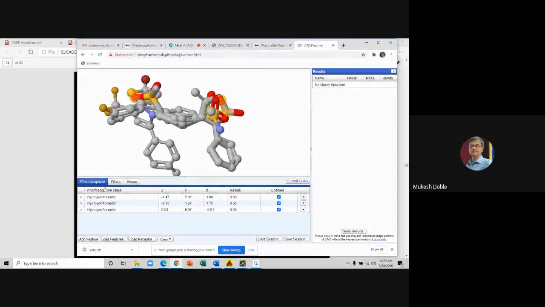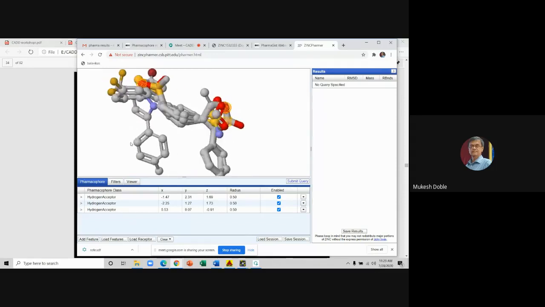You see hydrophobic, hydrogen bond acceptor, hydrogen bond acceptor, hydrogen bond acceptor. So that is the result we got from PharmaGist.